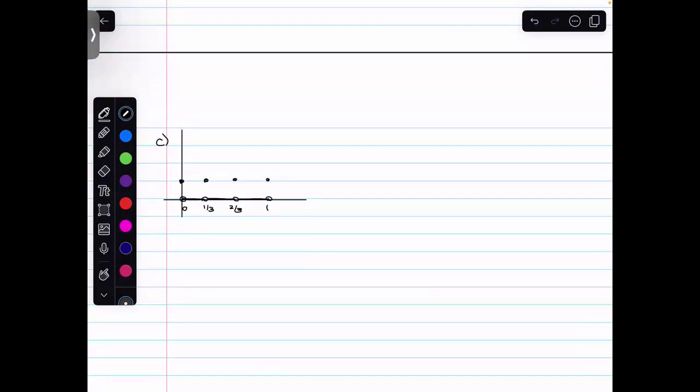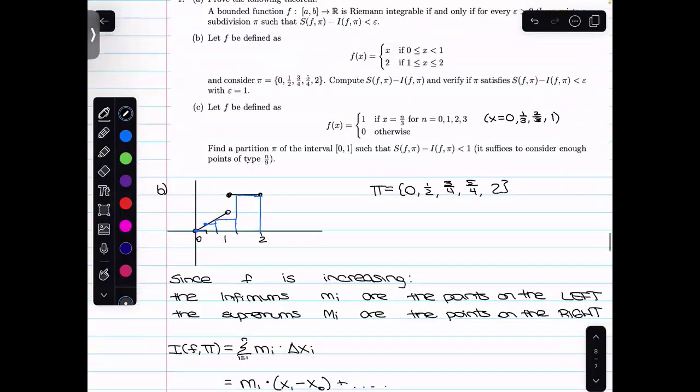So they ask us to make it so that the upper minus the lower integral sum is less than 1. Basically we want the two approximations to have a difference of no more than 1.